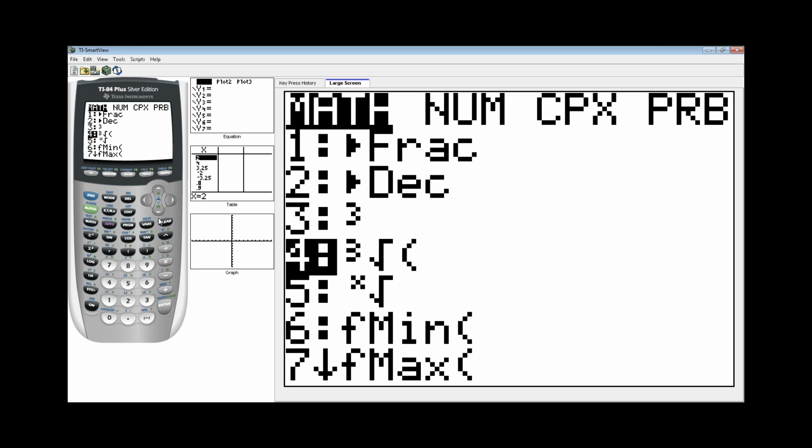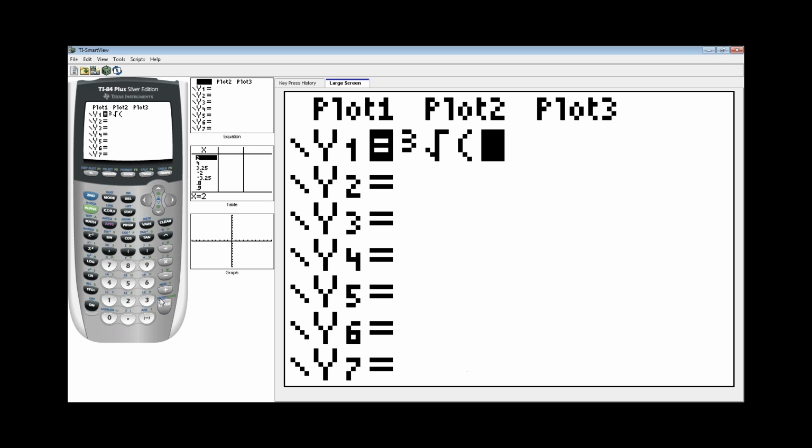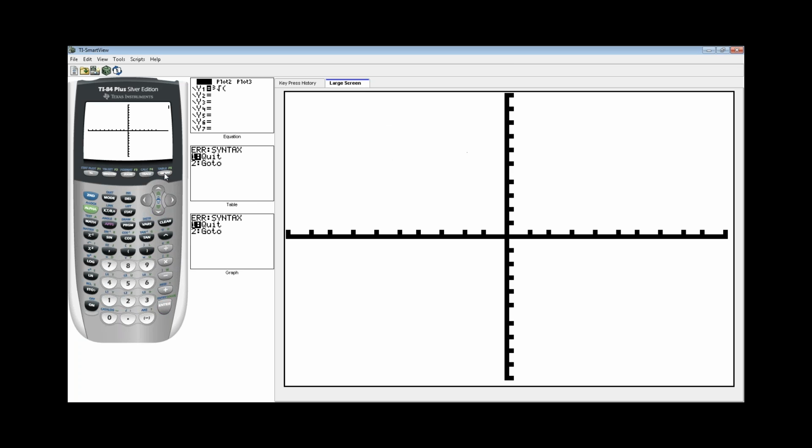You can either press the number 4 or scroll down to it, press enter, and then type x. To graph it, we press graph, and that gives us a sketch.